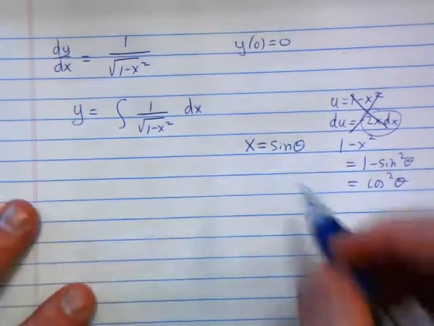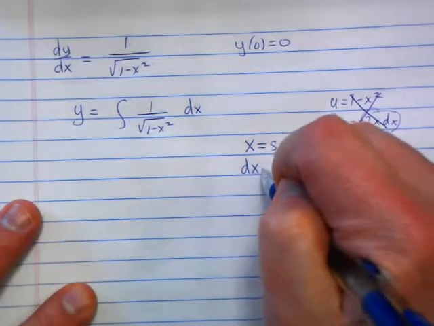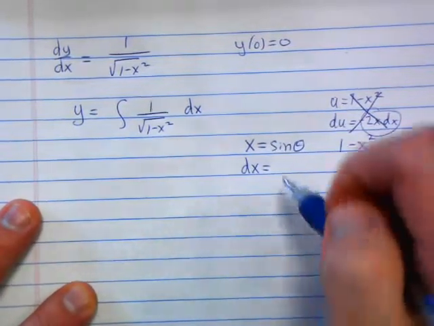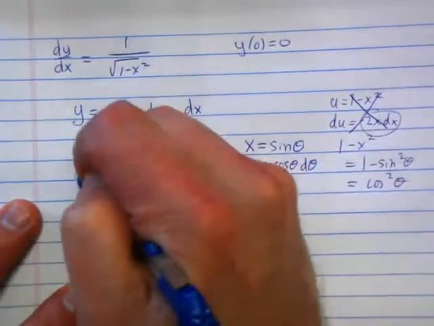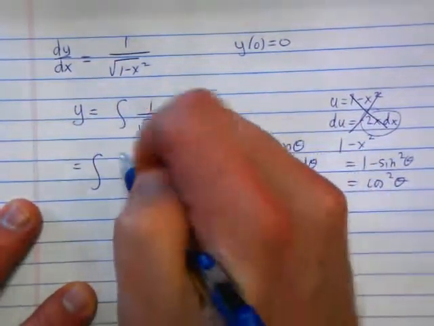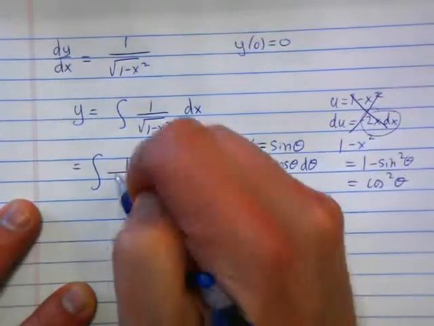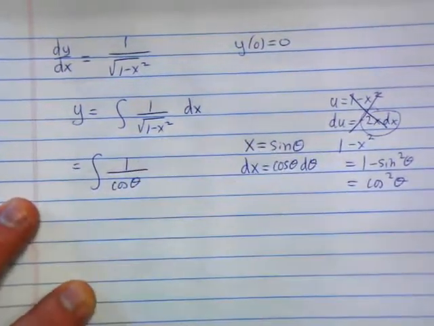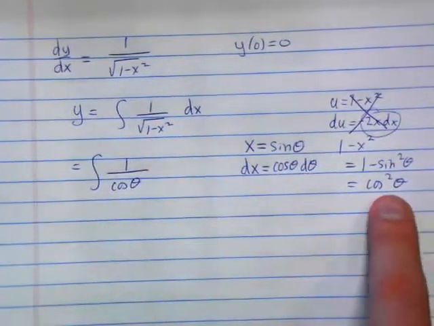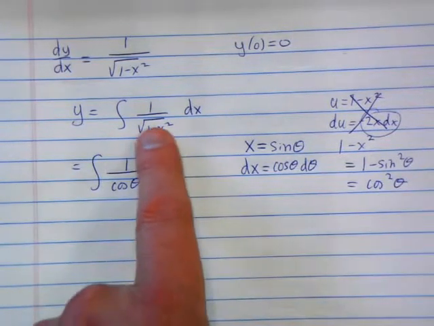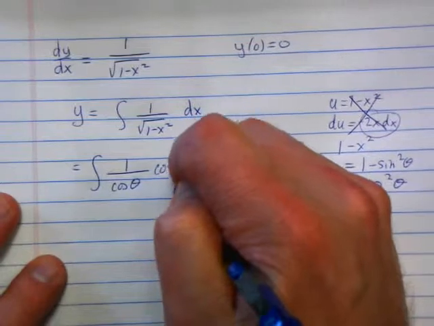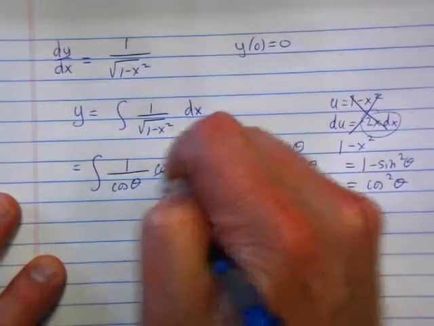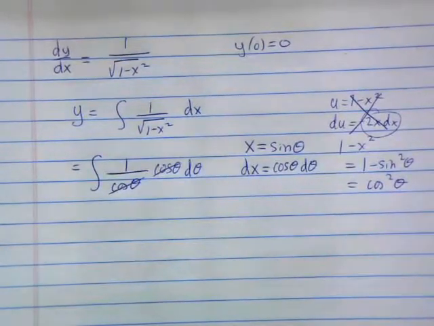And then dx, the derivative of sine, is cosine theta d theta. All right, so our integral becomes 1 divided by cosine theta, because 1 minus x squared is cosine squared. The square and the square root reduce each other. And then our dx is cosine theta d theta.